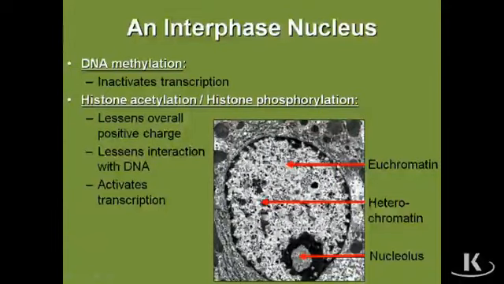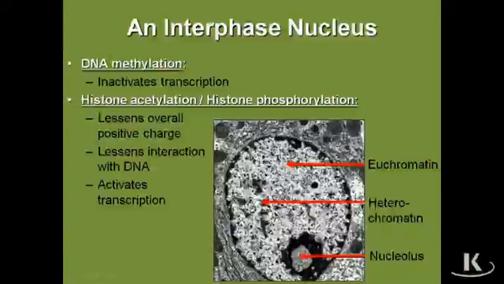Now, if you look at where this arrow is pointing to, you see a lighter staining area of the cell. That's going to tend to be euchromatin. Remember, euchromatin is transcriptionally active. The DNA is going to be less tightly packaged, so the light is going to pass through, which will look like a lighter spot on this electron micrograph. Compare that with what you see at the edge of this arrow for heterochromatin, this darker staining area.